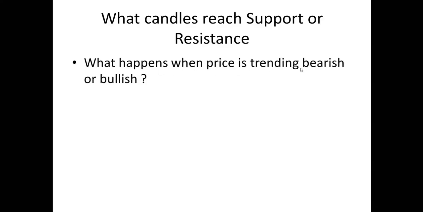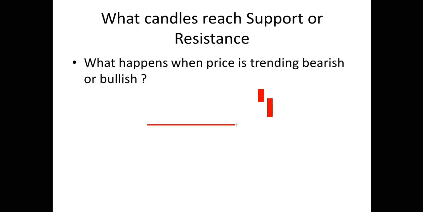All right. What happens when price is trending bearish or bullish? You come to the charts and you see bearish candles forming and moving down, big bearish candles, and to the left-hand side you see some sort of support. Normally you would say, okay, since we have bearish candles forming and there's a 4-hour support, we're going to try to take a buy here.